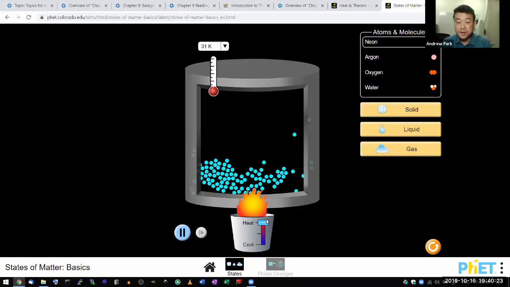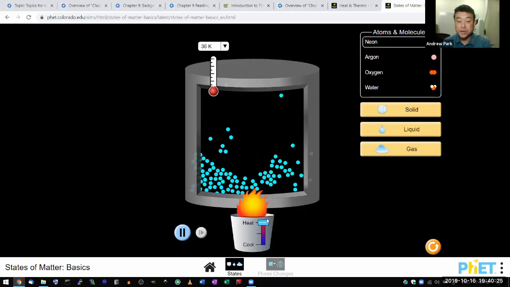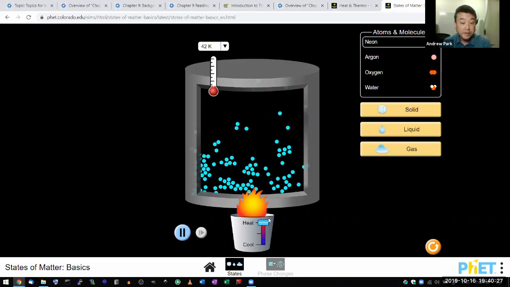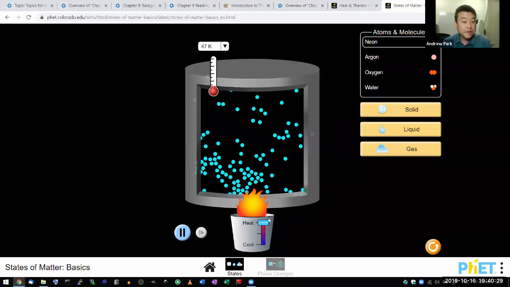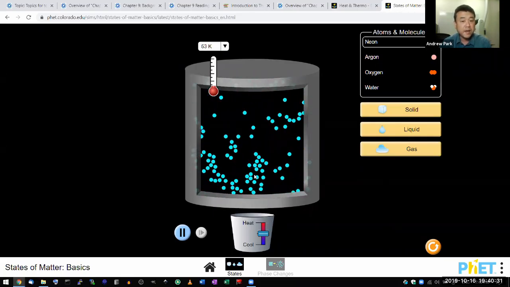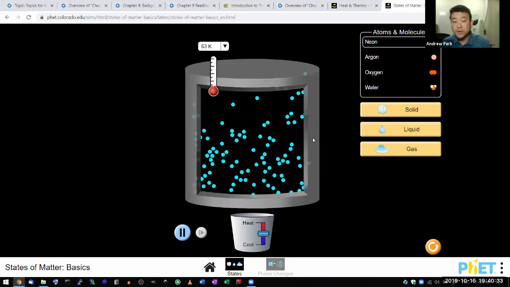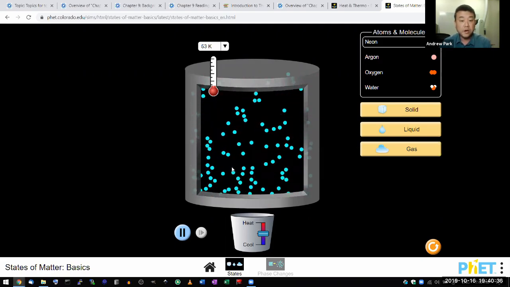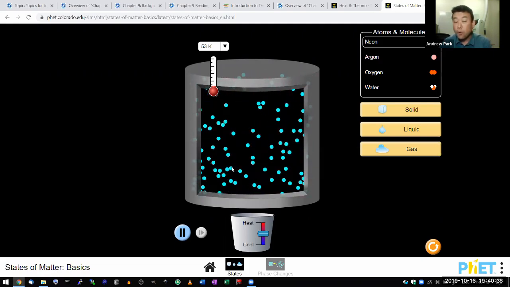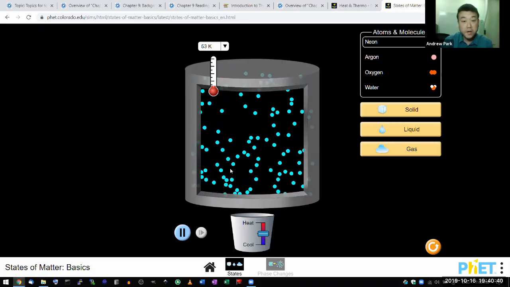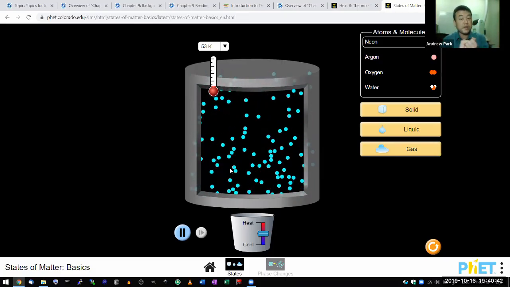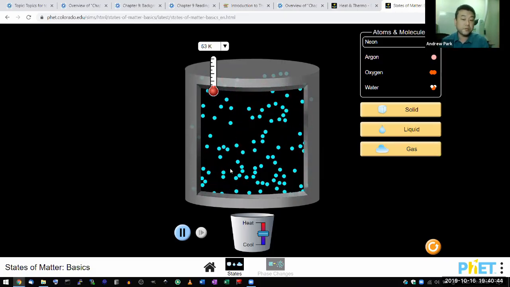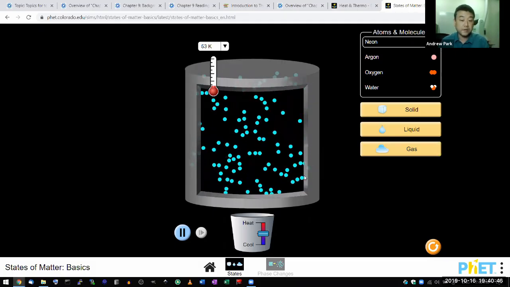This is the liquid state. And as you heat it up more, it has more and more kinetic energy. At some point, it has enough kinetic energy that atoms can be unbound from each other. The potential energy associated with the attraction between them is much smaller compared to the kinetic energy. That's when you get the gas state.